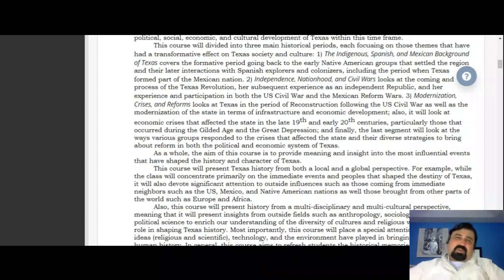And, of course, looking at this process of globalization at the very end of the course, we're going to be looking at globalization as well. How Texas is going to enter not only that modernizing, that was causing significant change in Texas, but in the late 20th century, Texas was already moving into this new era, really entering a globalized age in which the nations are becoming more and more integrated.